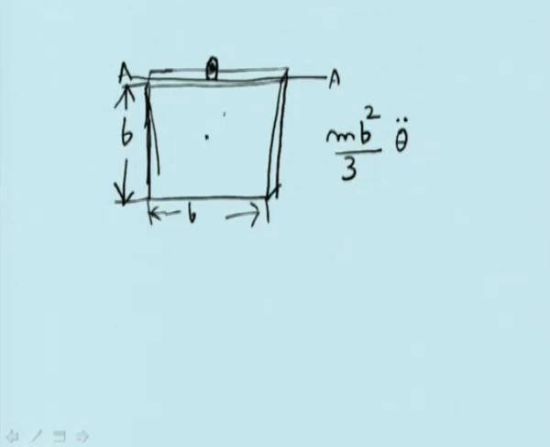Its CG is at a distance of b by 2, and when it gets displaced by an angle theta, then you get the restoring torque equal to minus b by 2 mg theta.